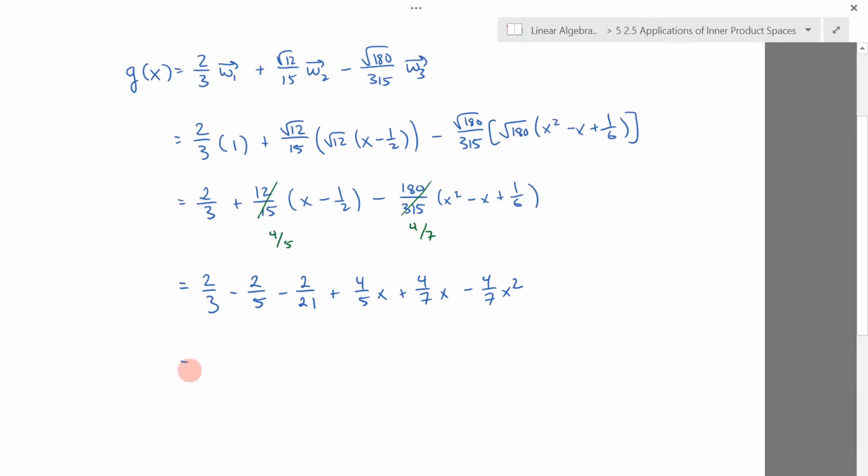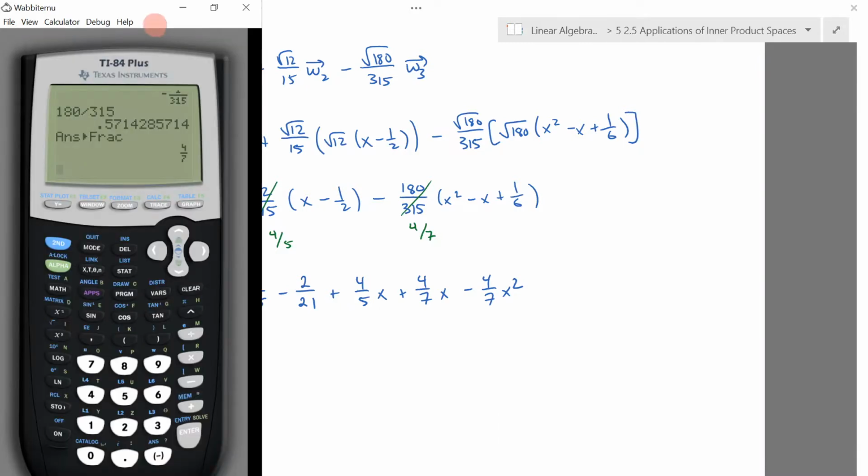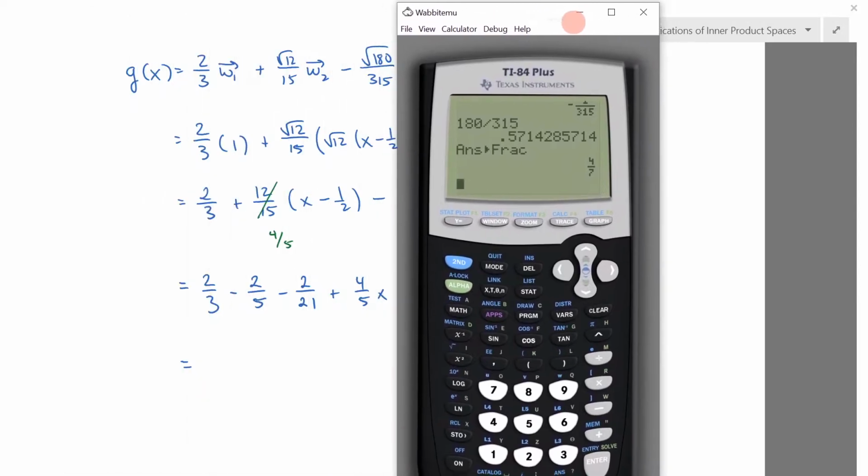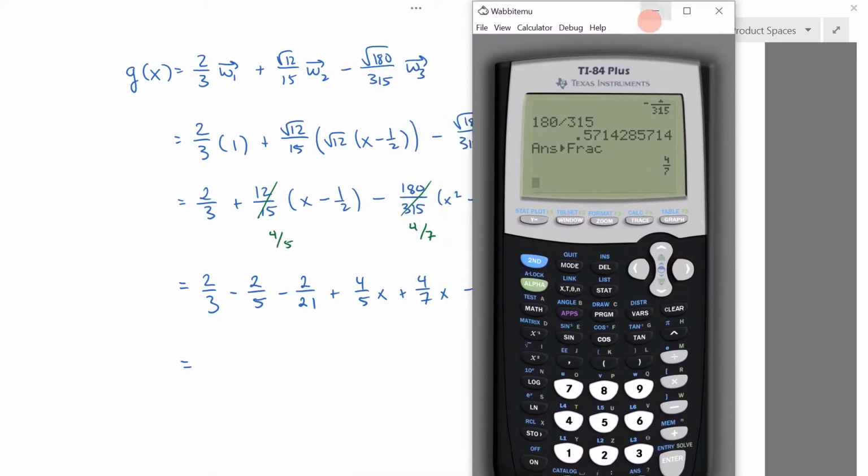Okay, so now we just need to add these together, right? So 2/3 minus 2/5 minus 2 over 21. What is this as a fraction? 6 over 35.